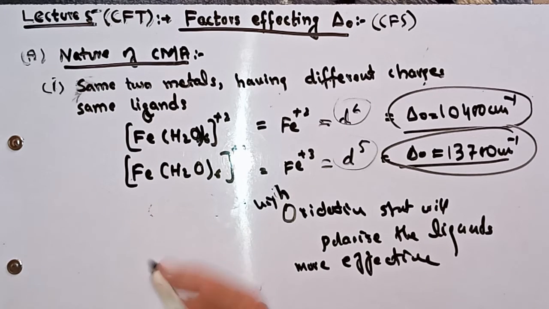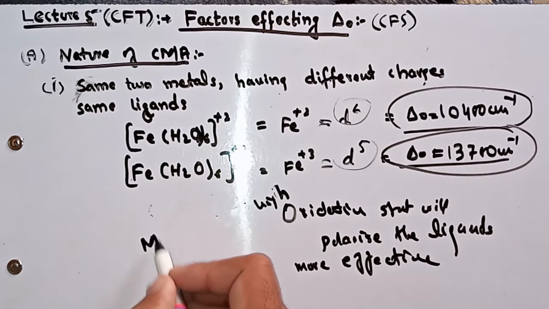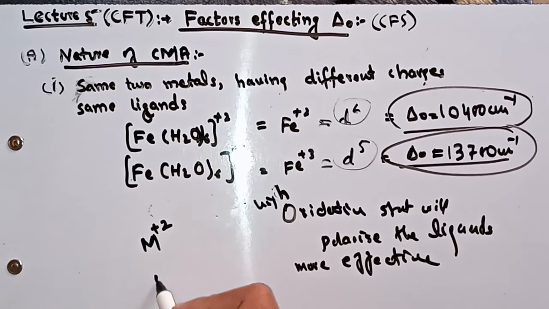When the positive charge on the central metal atom is high, let's suppose here is plus 2, here is plus 3, and here is plus 4 charge.